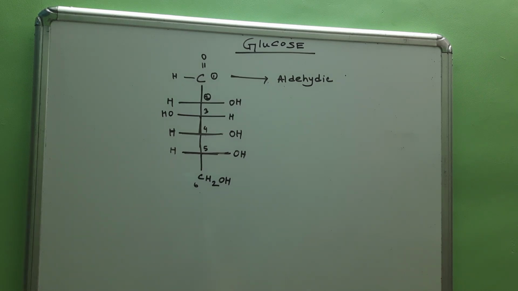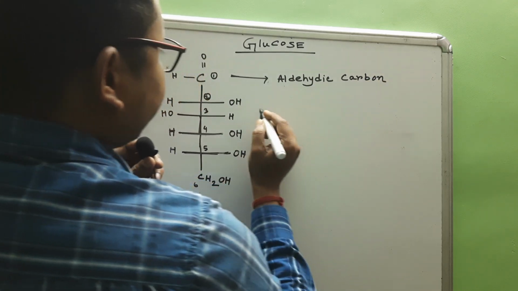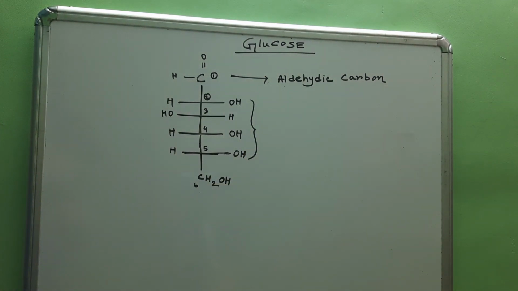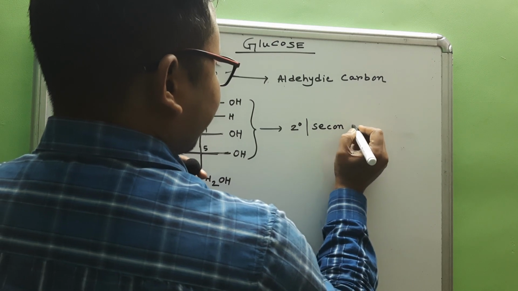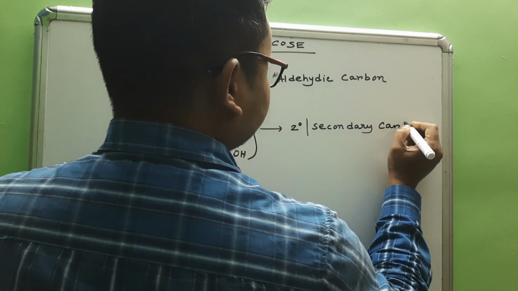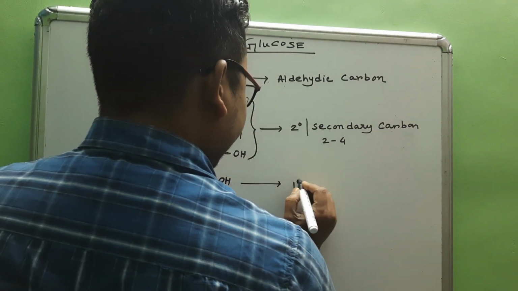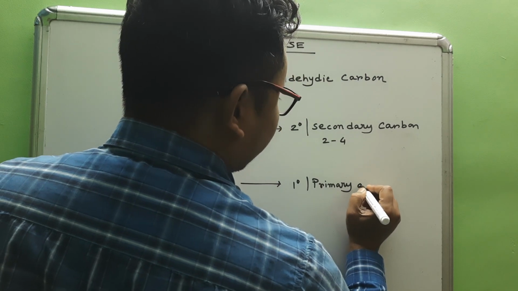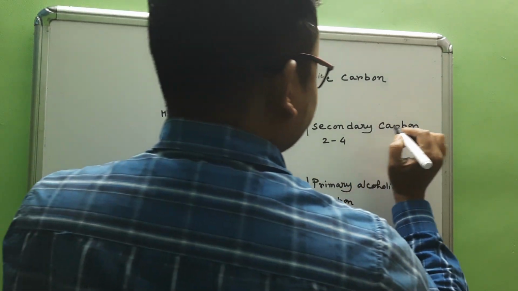The carbon atoms from 2 to 5, these 4 carbon atoms, are the secondary carbon atoms, the 2-degree alcoholic carbon atoms. And the sixth carbon atom is a 1-degree, the primary alcoholic carbon.